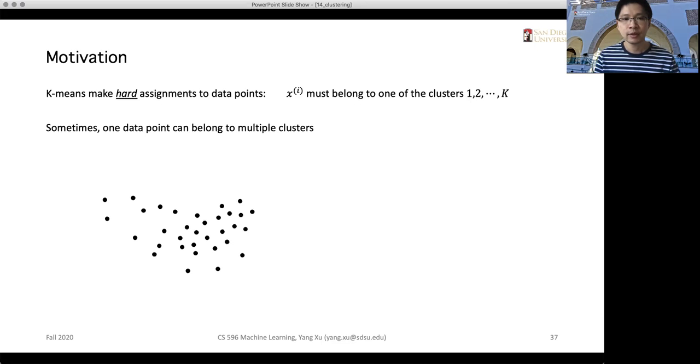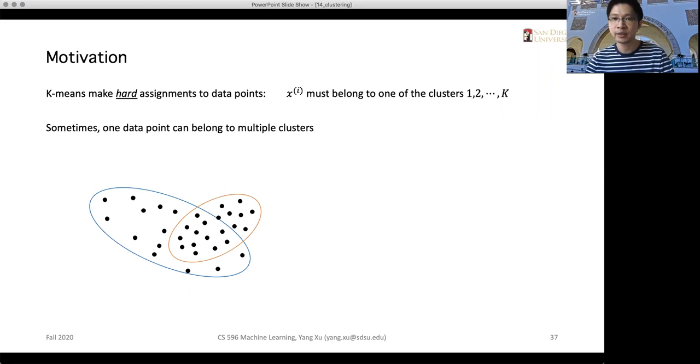And sometimes it's really hard to tell which cluster a data point belongs to, and there could be overlaps between clusters. For example, in this group of data points, if we think of it as the result of two overlapping clusters, then it also makes sense.